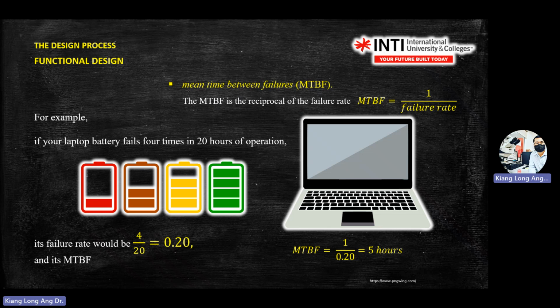So when you open your laptop, in this case, the maximum time you can use the laptop is 5 hours. But nowadays our laptop batteries are very efficient. They can last a day or 2 days, something like that. Okay, third equation, MTBF equals 1 over failure rate.